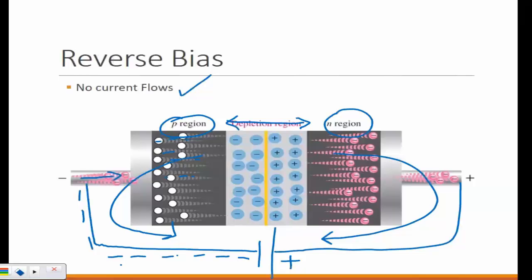Pardon? Yes, as soon as you put it like that, of course electrons flow at the speed of light. That's the actual direction, and whatever charges you have will be counteracted by the battery source, and you're not going to have any current through the junction.